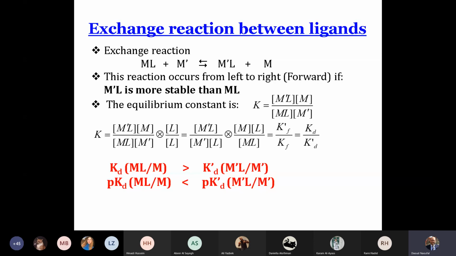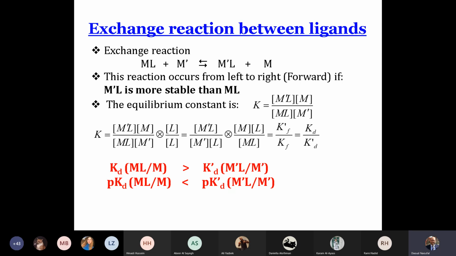We pass now to the reaction of complexation. First, in the acid base, we wrote acid plus acid, no reaction. Base plus acid, no reaction.